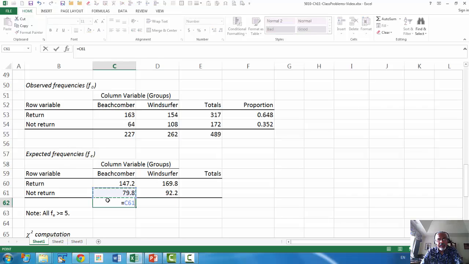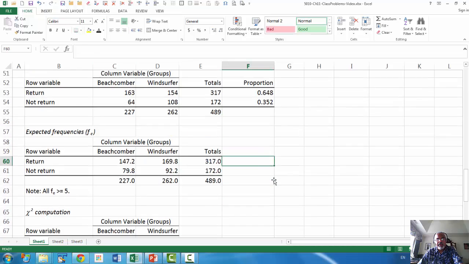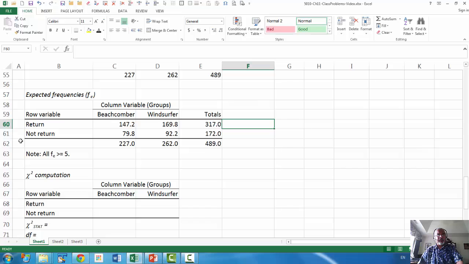Now to make sure that we have computed these correctly, if you sum the expected frequencies column-wise, it should exactly match the sum of the observed frequencies. And if you do the same thing row-wise, again the sum of the expected frequencies must match the sum of the observed frequencies exactly. And of course the total must also be equal. Once we have that verified, we can compute the chi-squared values.